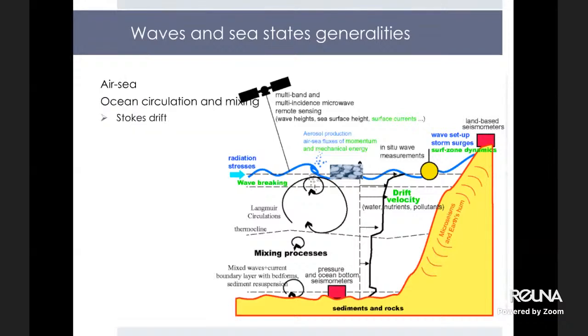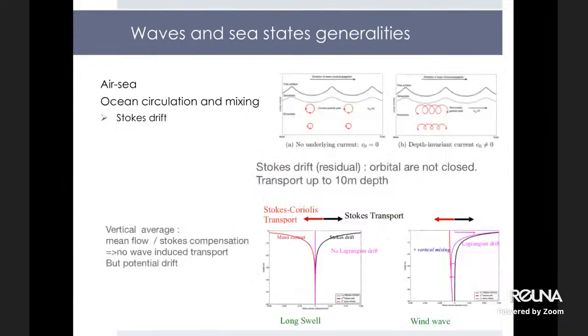Waves also have interaction with the ocean circulation and mixing. The first interaction that we can talk about is the Stokes drift. So what is Stokes drift? It's the fact that when waves are generated over an ocean with an underlying current, the orbital motion of the waves are not closed due to the underlying currents.